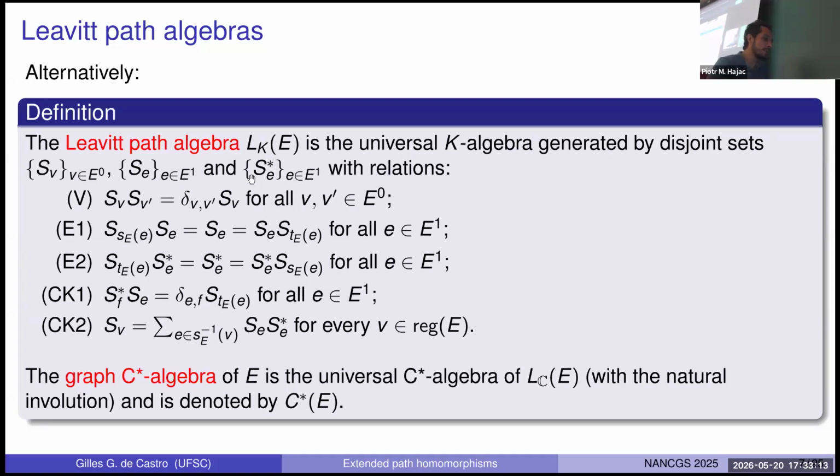It does exist because the v's are going to be projections, and the partial isometries are bounded by one for every representation, so the universal C-star algebra exists in this construction.